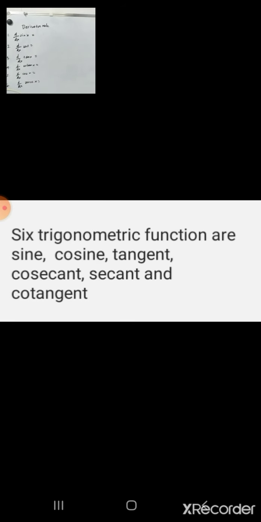The derivative of sin x is what? Cos x. Number 2, the derivative of cos x is negative sin x.